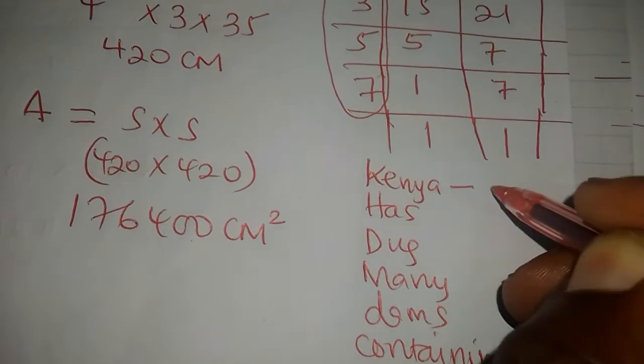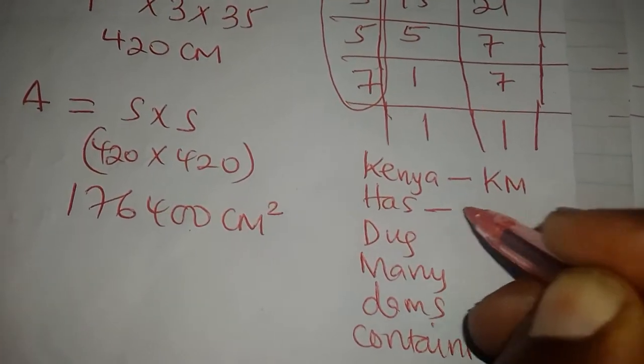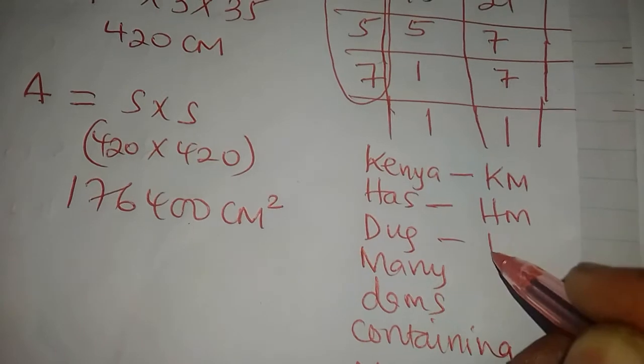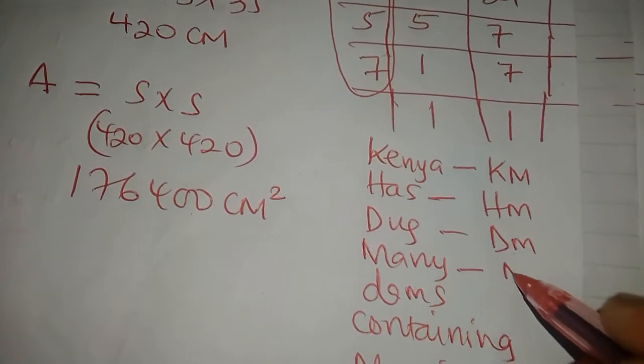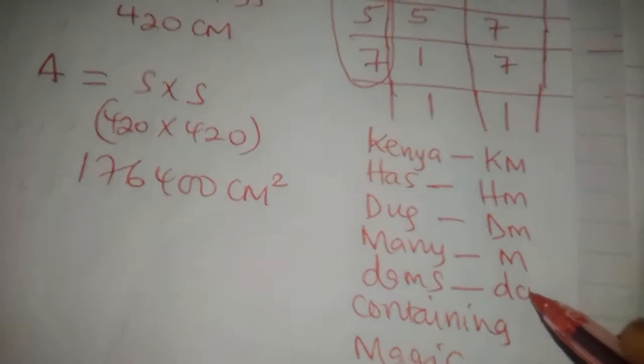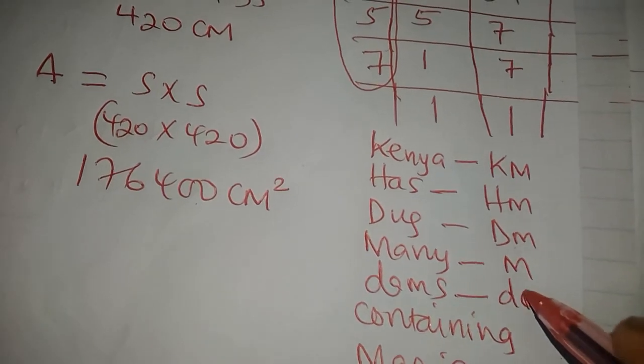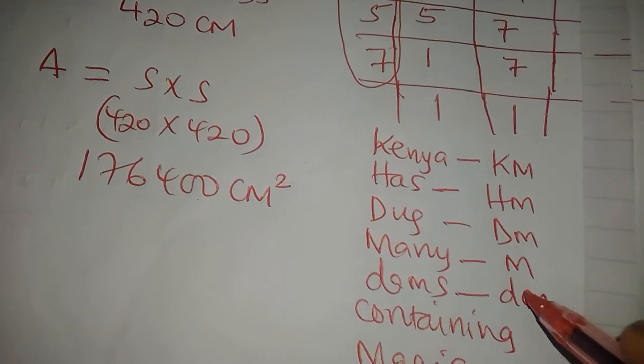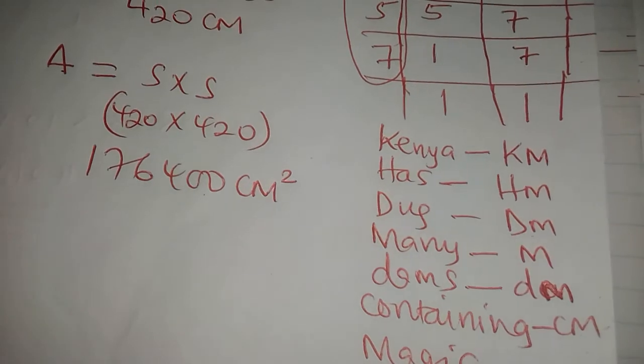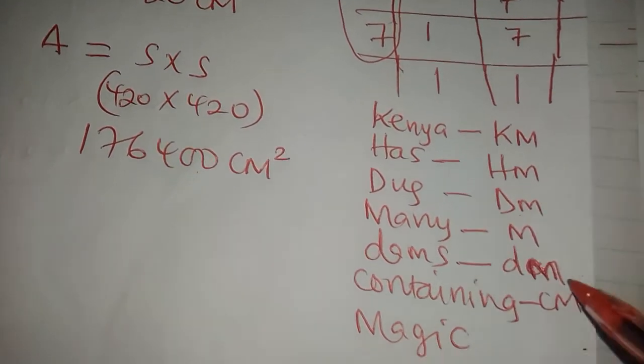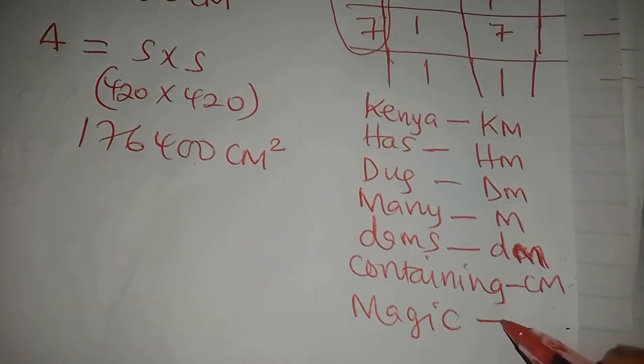K stands for kilometer, then hectometer, decameter, meter, decimeter, centimeter, and lastly millimeter.